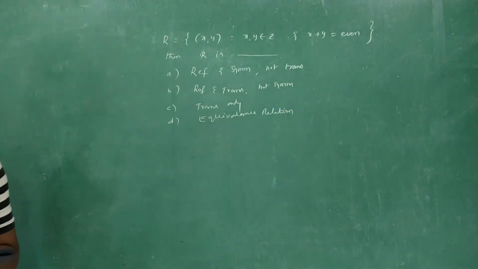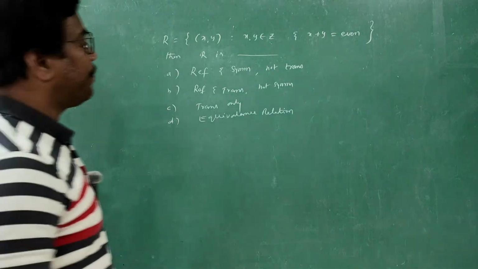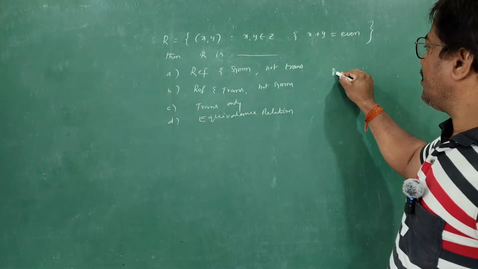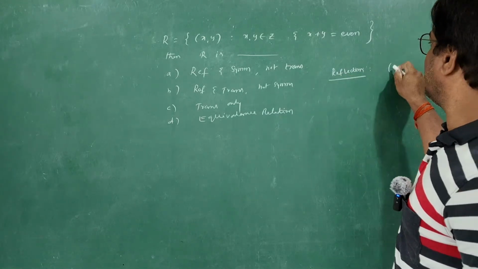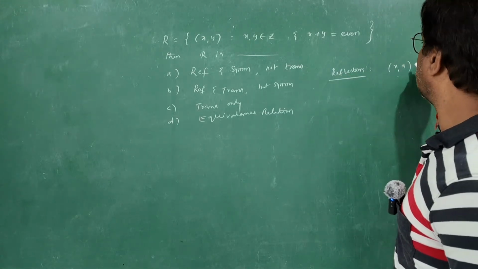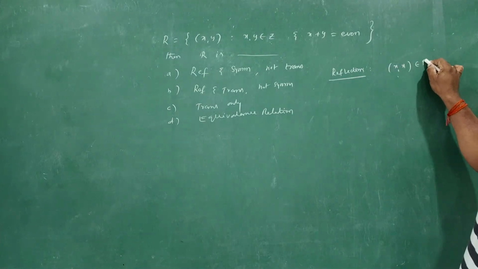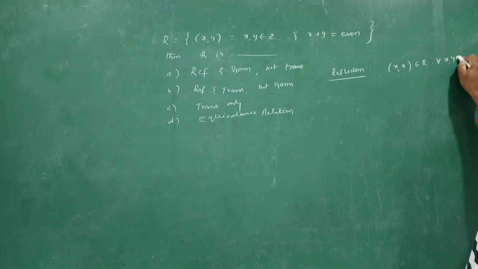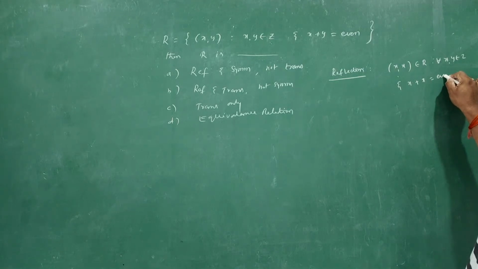First I am going to verify reflexivity. What is the property of reflexivity? x comma x belongs to the relation for all x belonging to the integers, and x plus x is even.